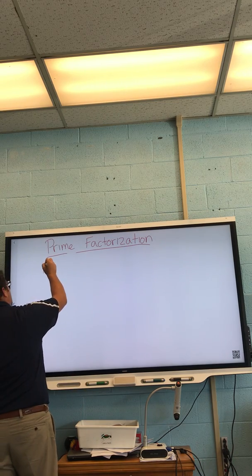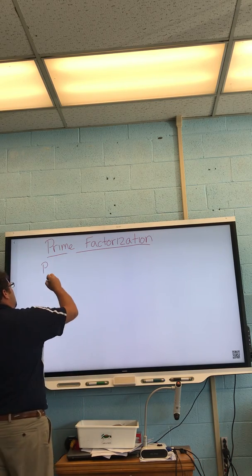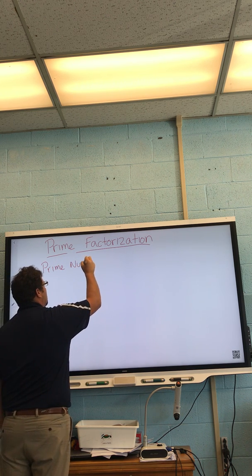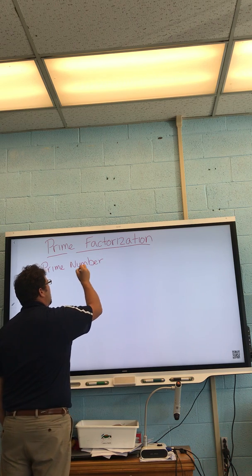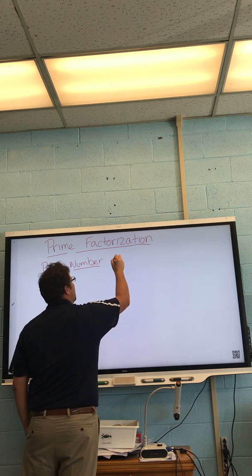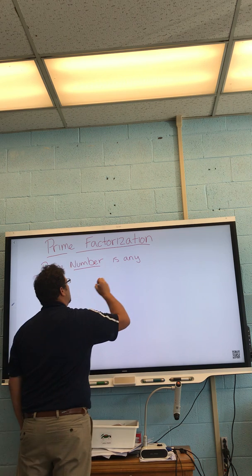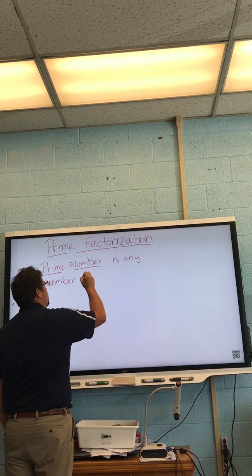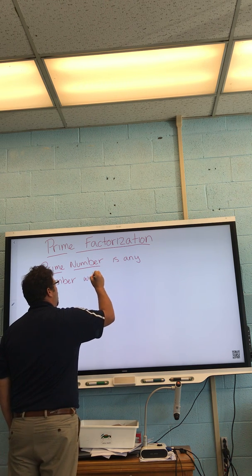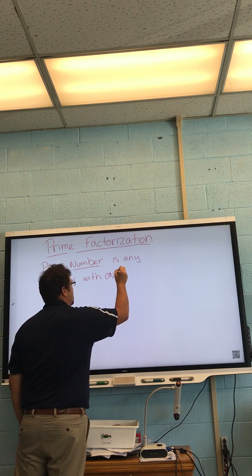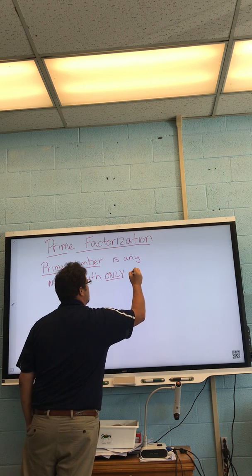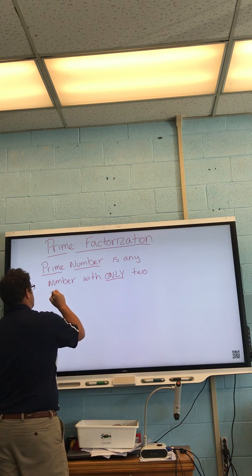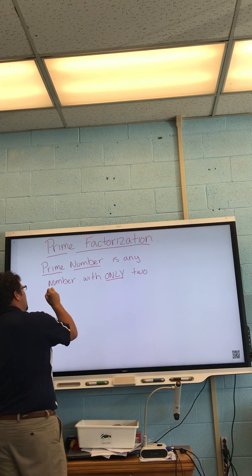So you need to have prime factorization written down. We're still on page 14. A prime number is any number with only 2 factors.